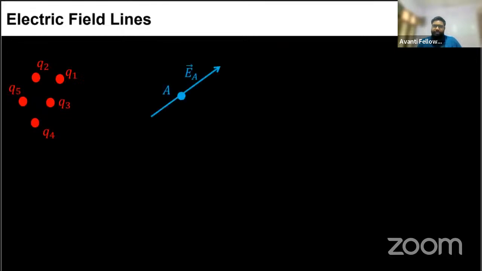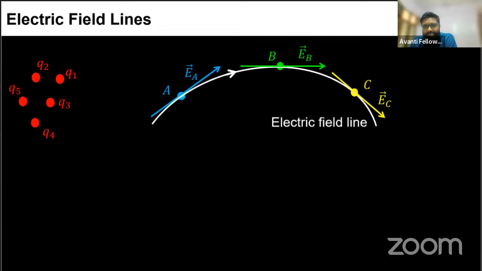This is point A. The field at point A is in this direction. The field at point B is in this direction. The field at C is in this direction. Any random direction. So when we connect these dots, point A, point B, point C, we get a curve, and this particular curve is termed as the electric field line.